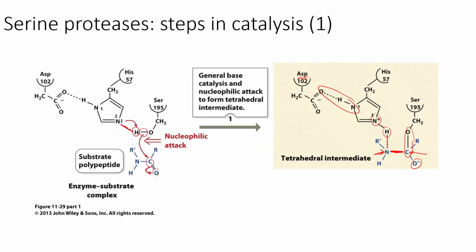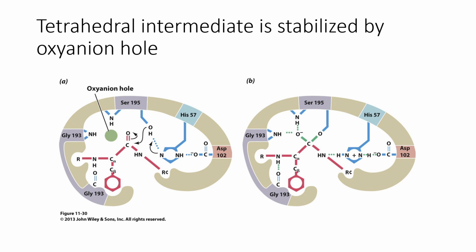So just as a brief interlude here, we have this oxyanion as part of our tetrahedral intermediate, and it is really unfavorable. Those electrons really want to go somewhere. We just talked about all of these different stabilizing interactions being formed with the catalytic triad, but the oxyanion has its very own special stabilizing interactions in addition to this, and this is called the oxyanion hole.